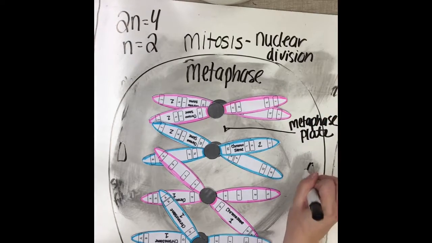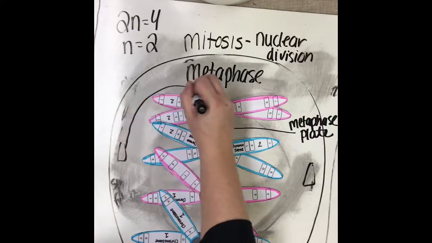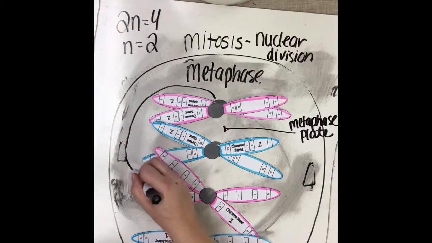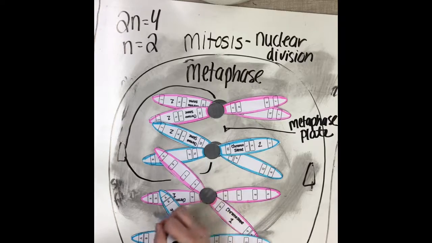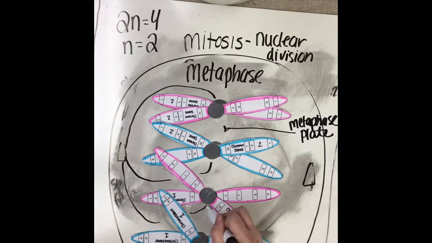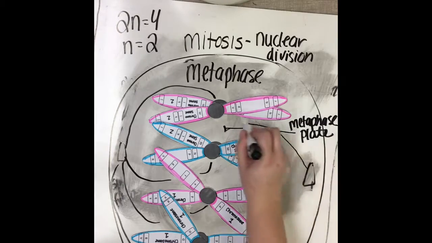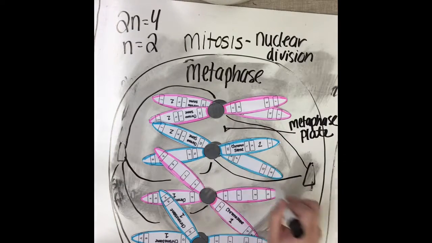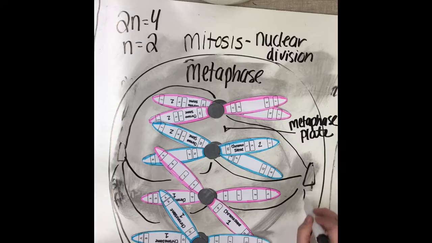Spindle fibers from the centrioles are going to attach themselves in the center of each of these chromosomes. And like I said before, these spindle fibers are just going to help pull those chromosomes apart.